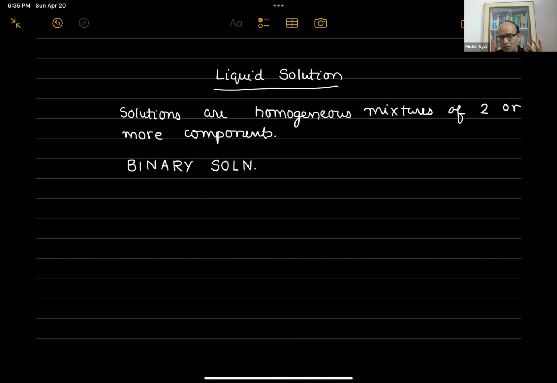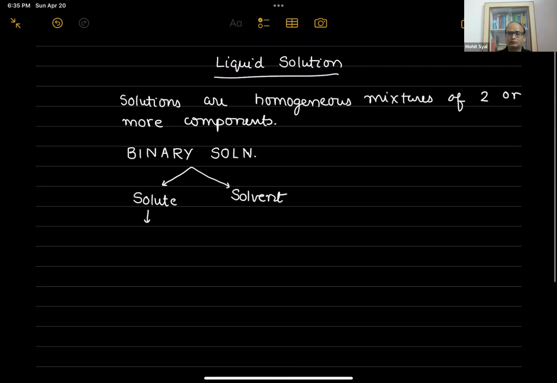Okay. And of the two components, one is known as solvent and another one is known as solute, right? So what's the difference between the solute and solvent? Solute is something that gets dissolved in the solvent, and solvent is which makes the solute dissolve in itself.